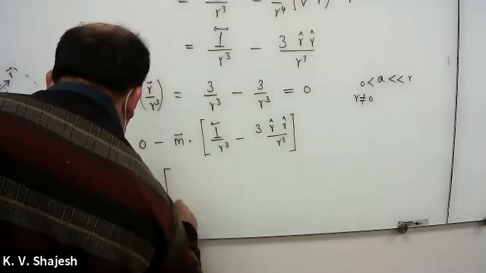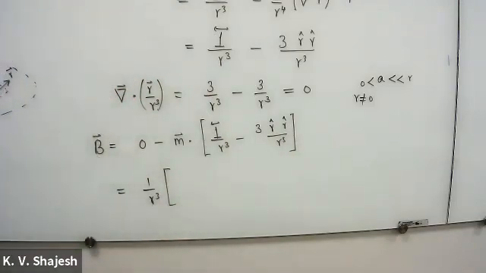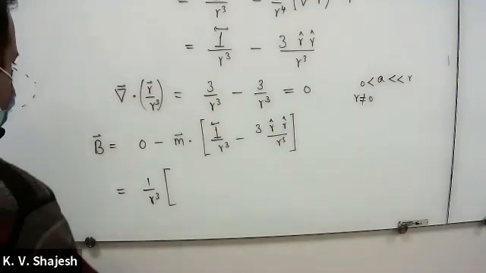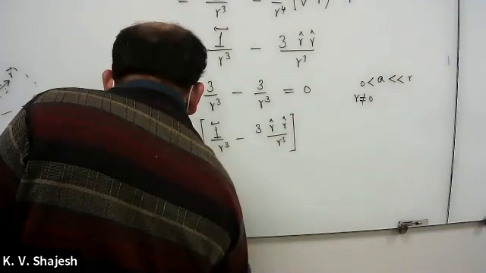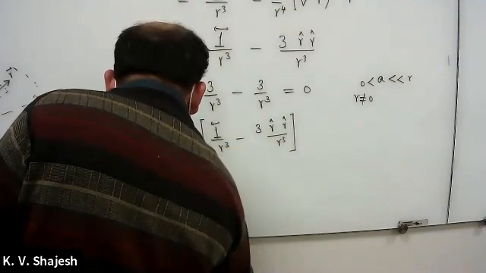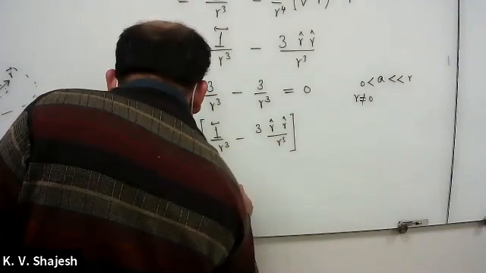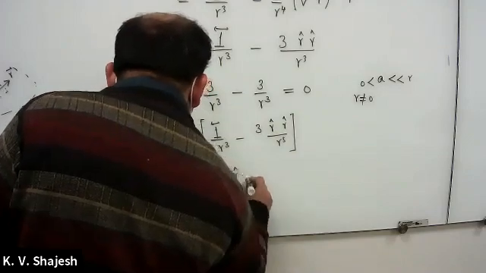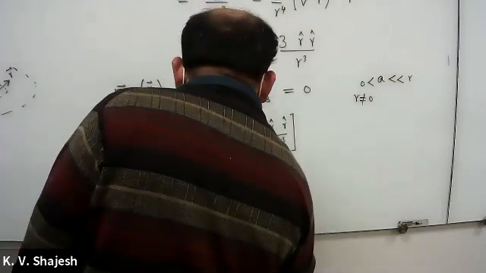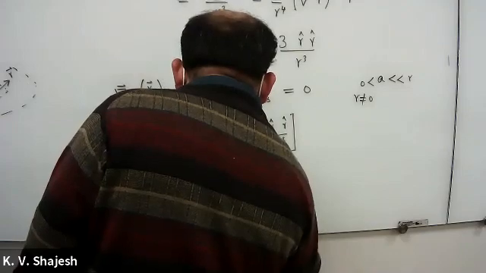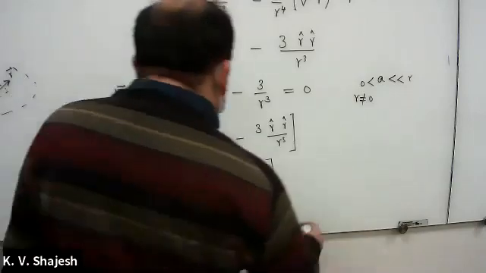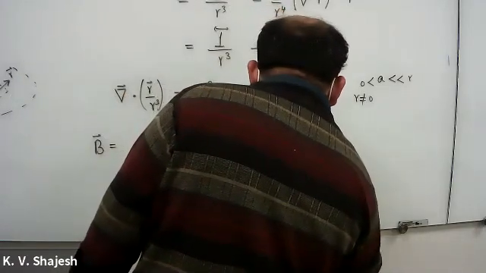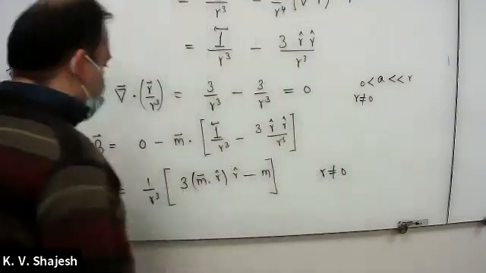Very similar expression to the electric dipole, almost identical, except that electric dipole was P or D there, and here it is different. This is m dotted with r hat and hat minus m. Everywhere except r not equal to 0.